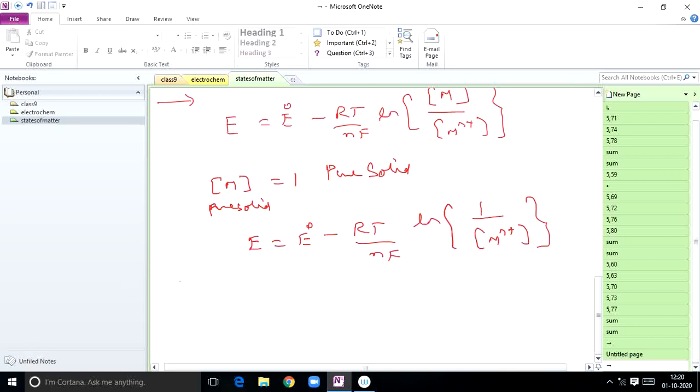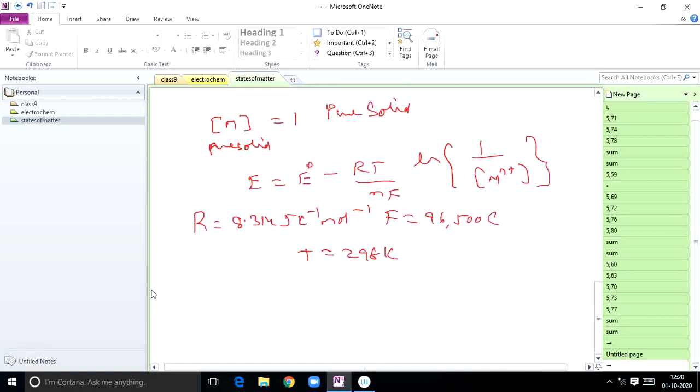So here if you substitute R value as 8.314 joule Kelvin inverse mole inverse, Faraday value 96,500 coulombs, and temperature 298 Kelvin, then the equation is reduced to E is equal to E naught minus 0.0591 by N into log of 1 by concentration of Mn plus.